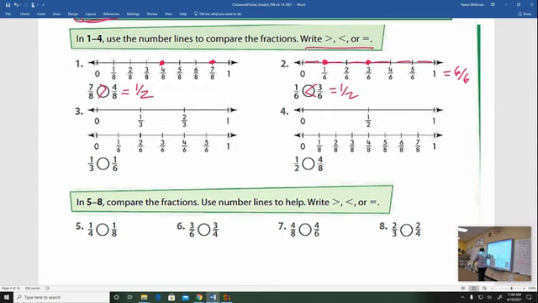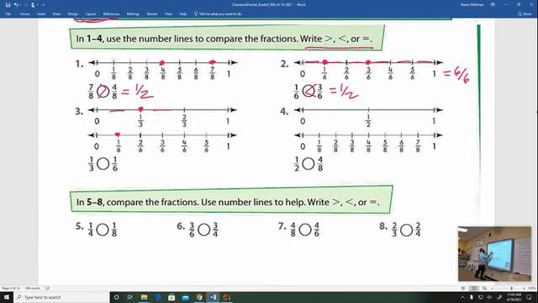Okay, let's look at number 3. We do not have like denominators here. They are different, unlike denominators. We do have like numerators, but does that really mean anything here? Not much, right? Because let's mark them. On the 1/3 line, we're going to mark 1/3. On 1/6, we're going to mark 1/6.